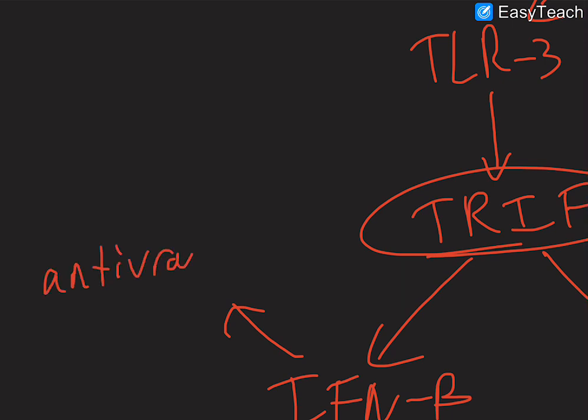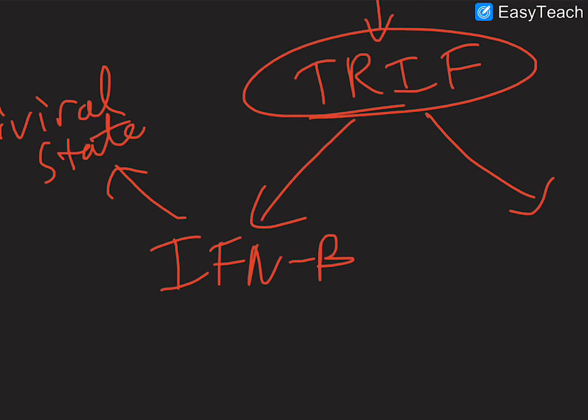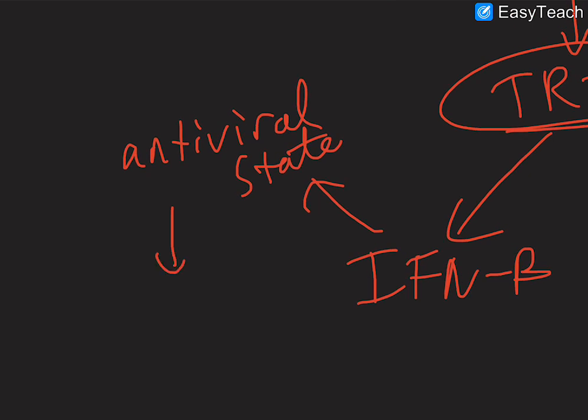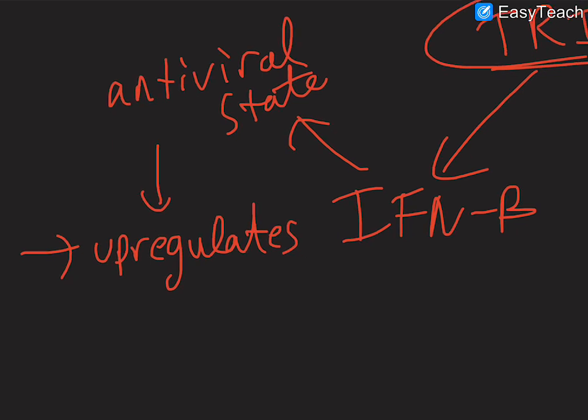One thing it can activate is interferon beta. Why is this good? Like we said in our previous videos, interferon beta can put you at an antiviral state. Okay, so let's go and write that better. Antiviral state. So what this means is it can upregulate, so one of the things it can do is it upregulates MHC1 complexes.